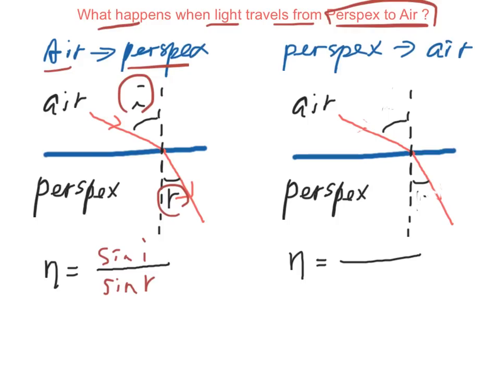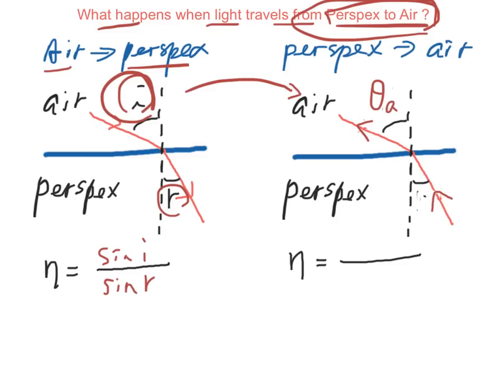However, if the light wave travels from Perspex to air, the angle I changes to theta A, where theta A is the angle between the light wave and the normal.